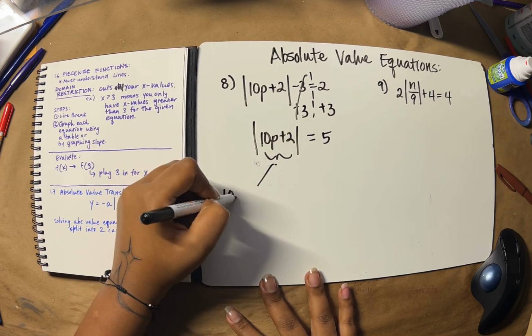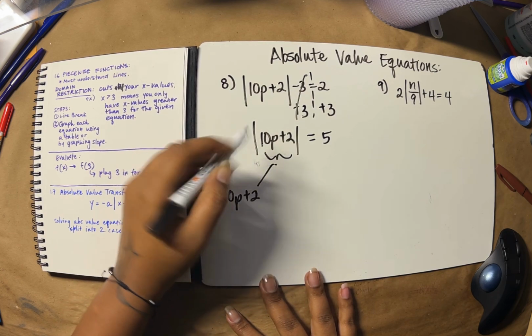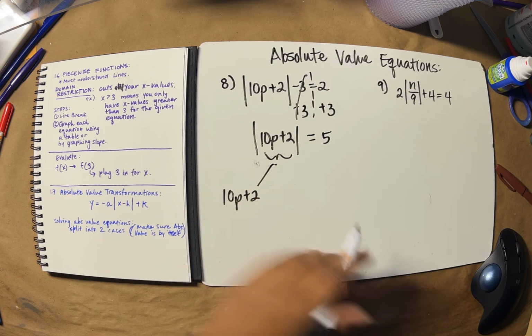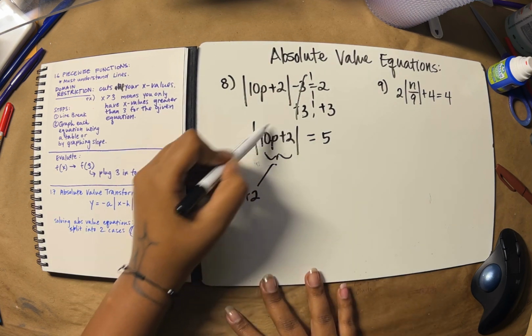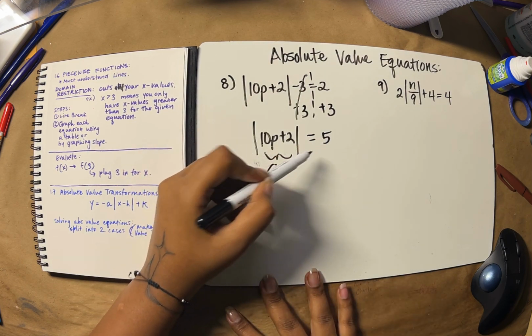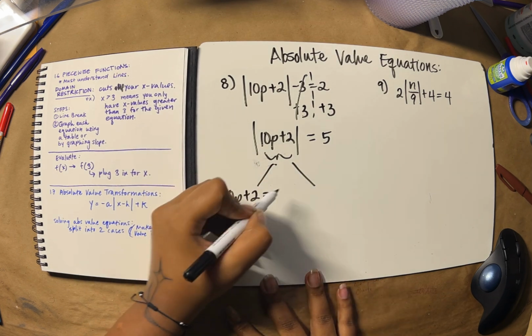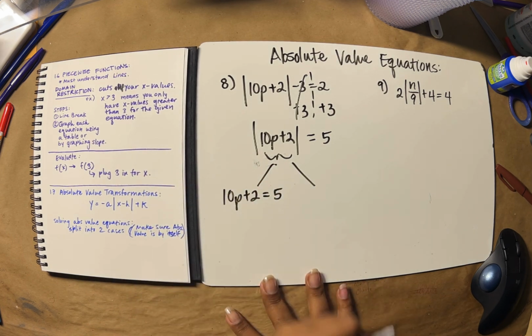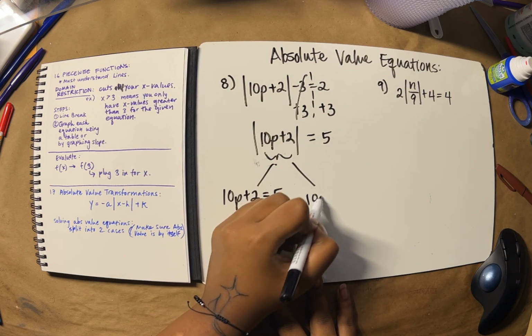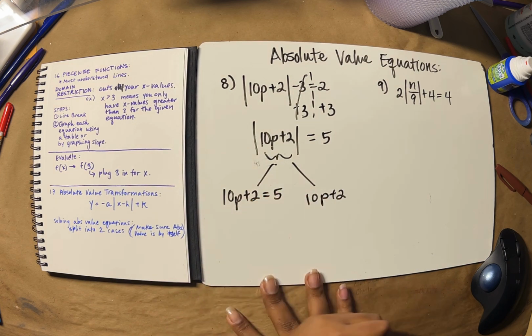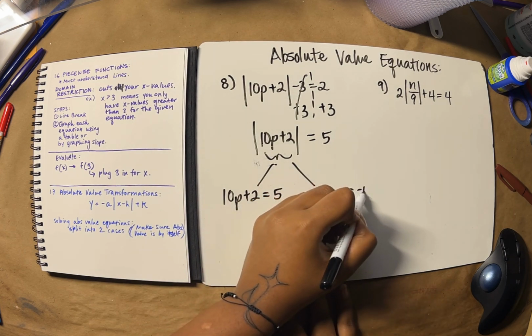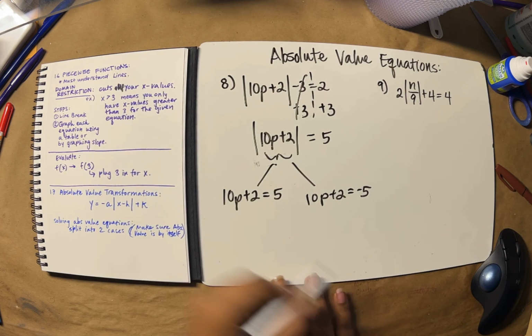My 10p plus 2 itself, not the 5, can be either -5 inside my absolute value, or it could be +5. So I must find the p-value accounting for when it's positive and when the inside of this absolute value could be a -5. That's what that's saying.